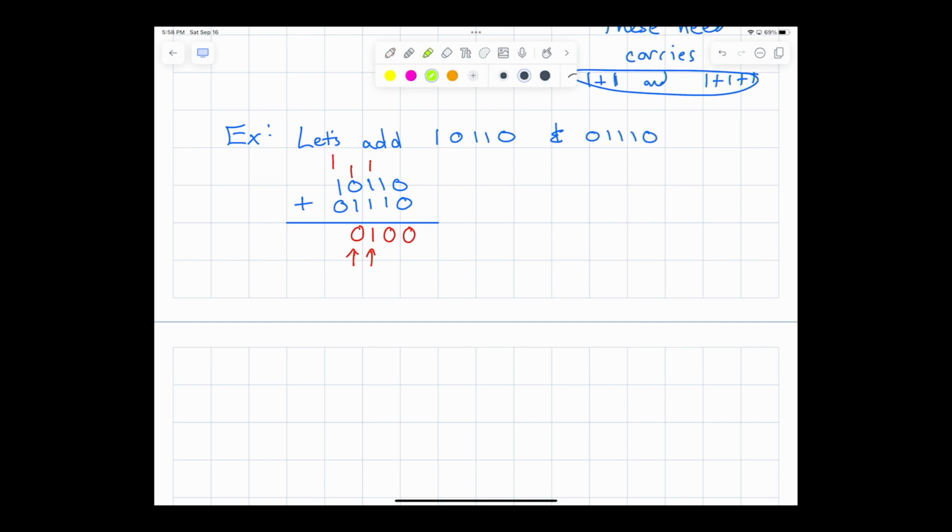Then we're on our last one here, 1 plus 1 plus 0, which is 2, so you write it as 0 and would carry the 1, but you don't really need to carry it, because it just ends up right there. Most people would not even write that last bit.